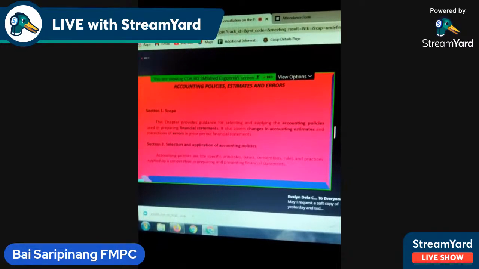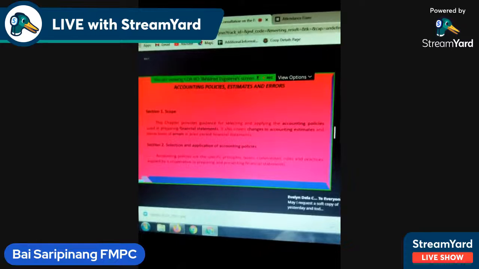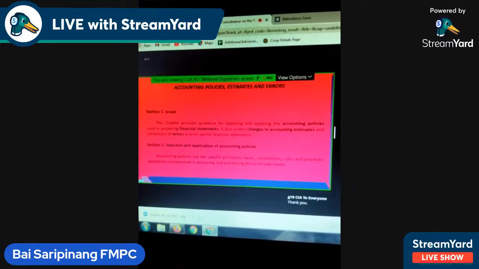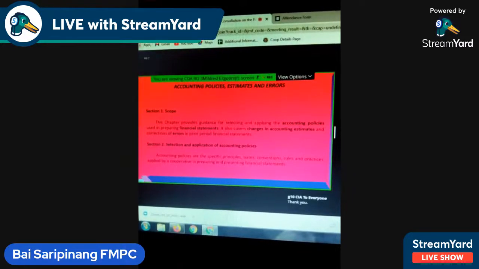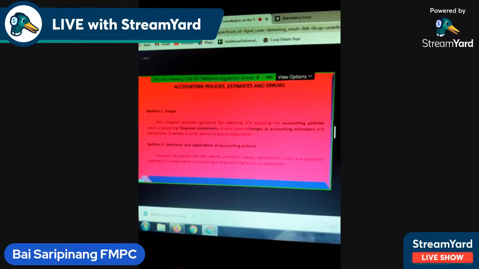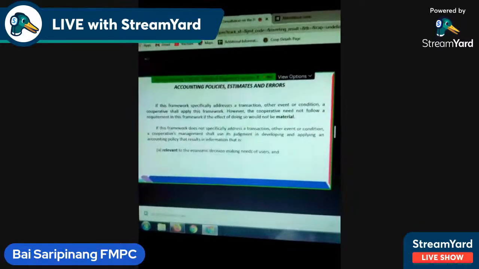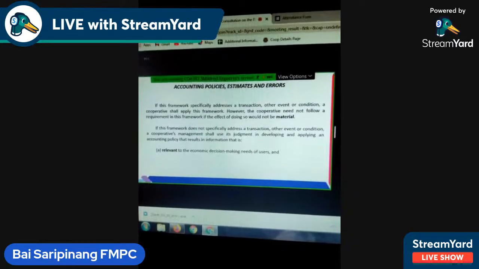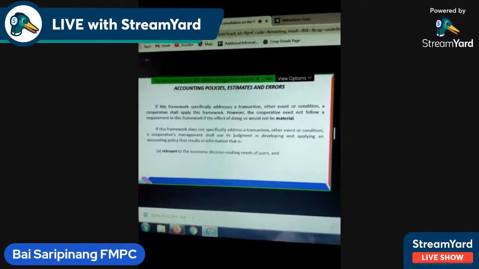Then again, I would like to emphasize that supposedly tayo talaga ang gagawa at prepare ng ating financial statements. Magiging auditing criteria lamang ito ng ating mga auditors if you do really observe the principles of this framework.